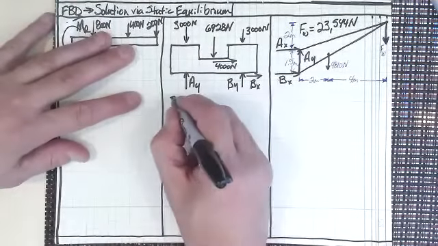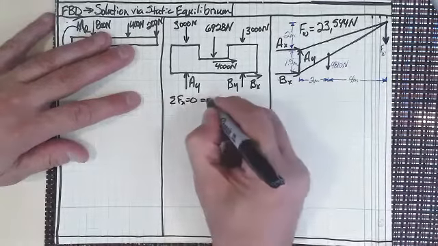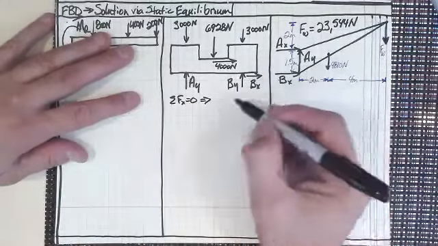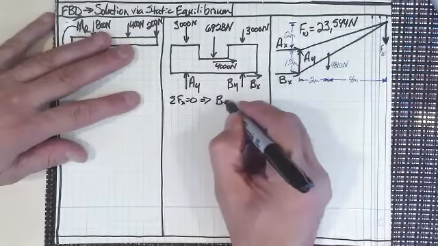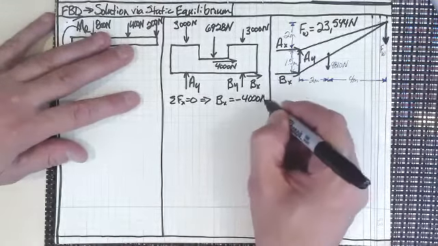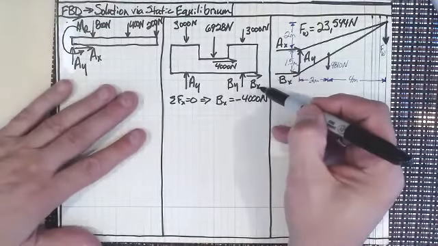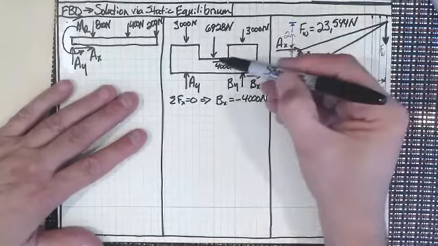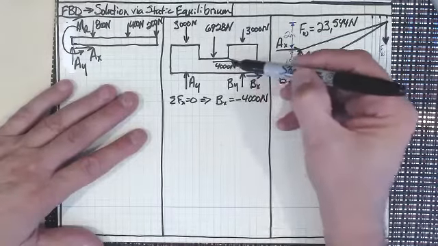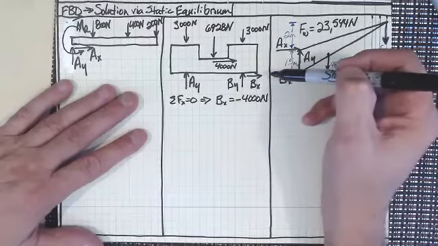When we sum the forces in the X direction equal to 0, what that gave us was that B sub X equals minus 4,000 newtons, right? And of course, what that means is that we've chosen B sub X in the wrong direction, and that's what we would expect, because look at the force that's applied. The force that's applied is 4,000 newtons in the positive direction.